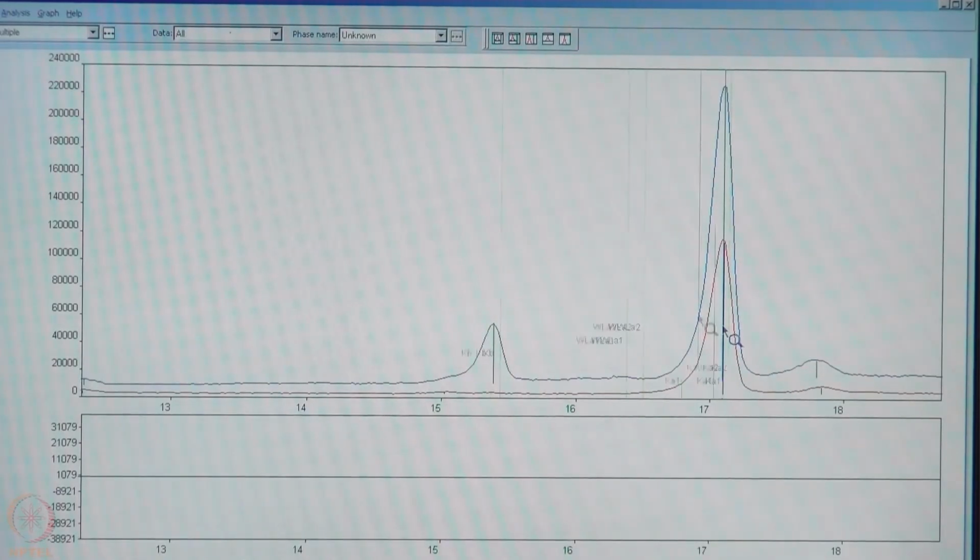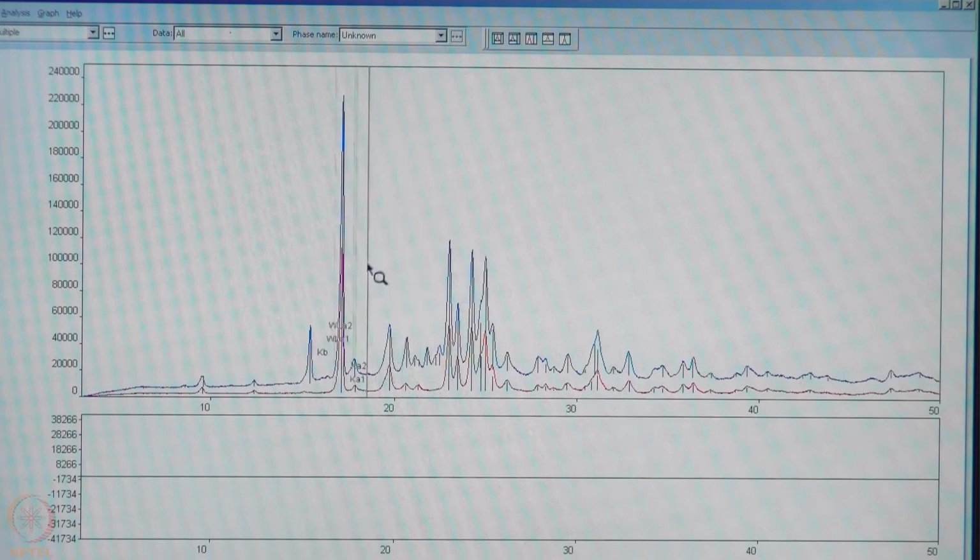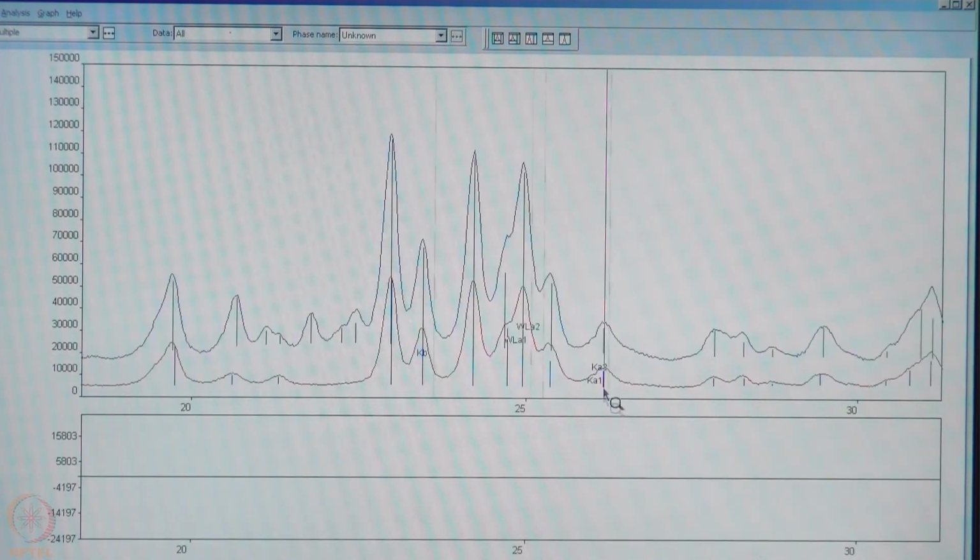This case becomes more significant in the high angle region where we have lots of peaks, and for some peaks which are actual peaks from the sample, the K alpha peak gets merged with a K beta peak of another peak and makes the powder X-ray diffraction pattern broad.